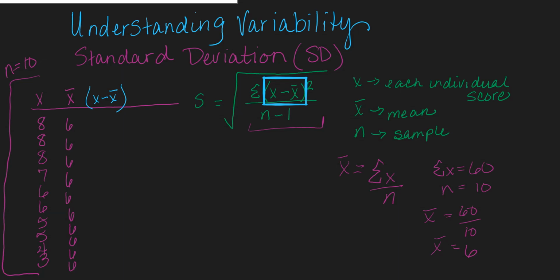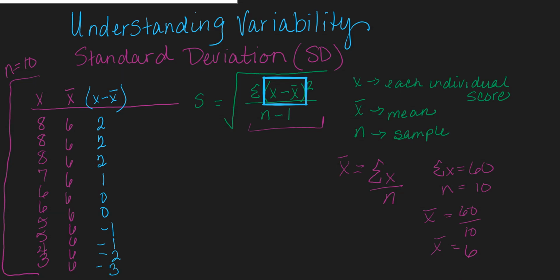So 8 minus 6 is 2, 2, 2. 7 minus 6 is 1. Then we'll have a couple of zeros. 5 minus 6, negative 1. 4 minus 6, negative 2. And 3 minus 6 is negative 3.